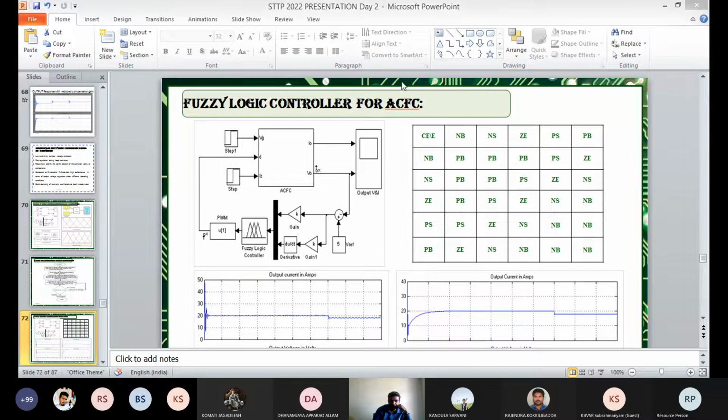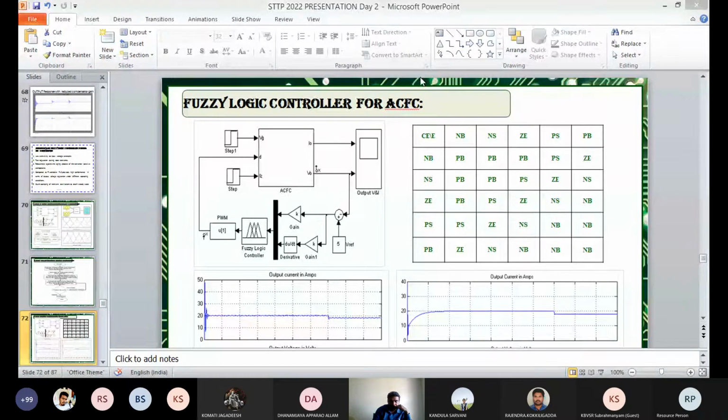Let us assume a 40% duty cycle is there. If you want to increase the output voltage, you need to increase the duty cycle value. To increase it, you need to move the duty cycle from 0.5 to 0.6. For 0.6 we are defining the positive big value. That's why if the error and changing error are both negative big, you need to drag towards positive big.